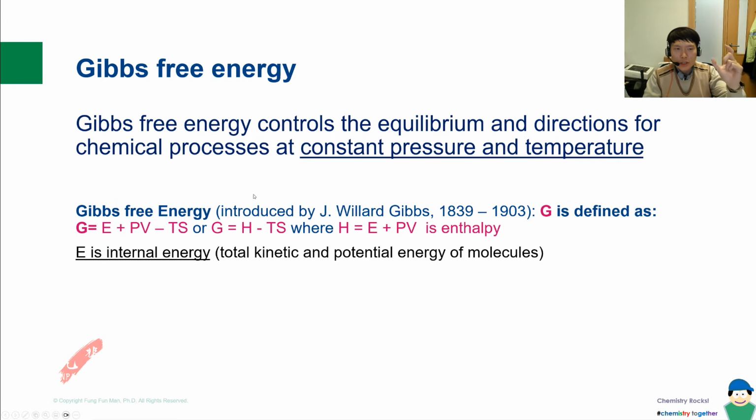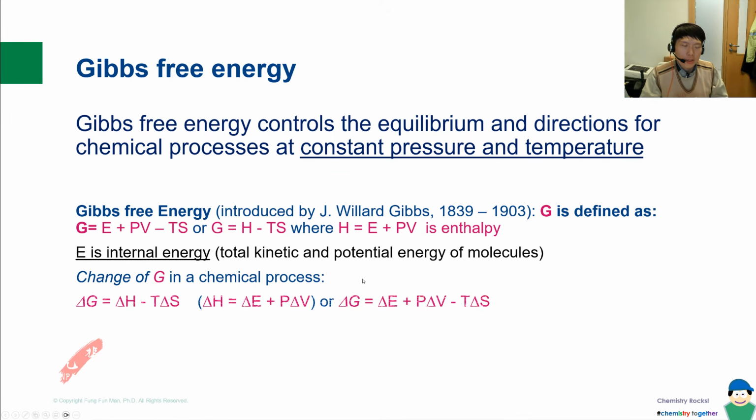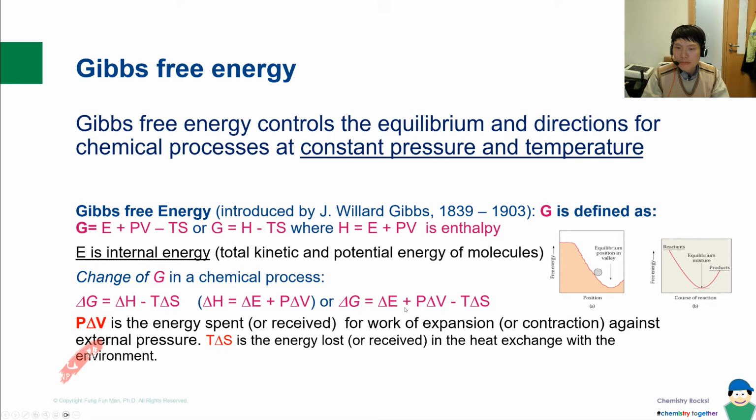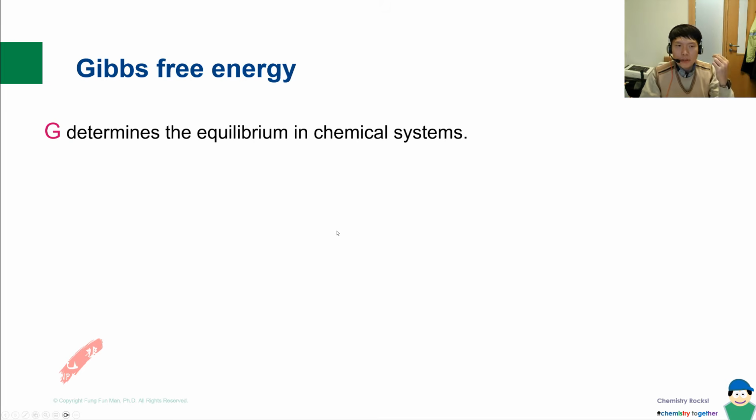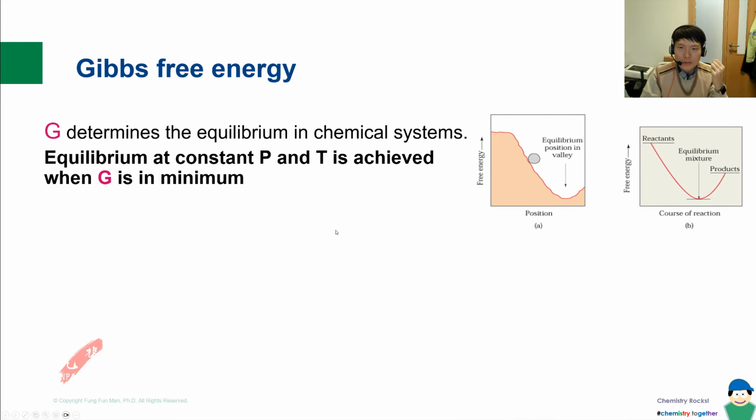Now, Gibbs free energy, capital G, is the free energy that controls the equilibrium and the direction of chemical processes at constant pressure and temperature. And E is the internal energy, like I said, the sum of KE and PE of the molecules. So the change in the Gibbs free energy is related to the change in enthalpy minus T delta S. The G determines the equilibrium of a system.